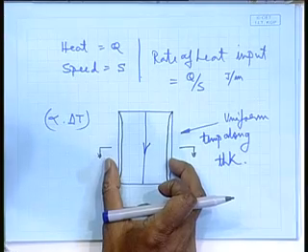If I reduce my speed of movement, I give sufficient time for the heat to conduct, right. So the temperature rise will be there both at the surface as well as at the bottom, and you will have a uniform temperature distribution along the thickness. If that happens, then it will shrink only.